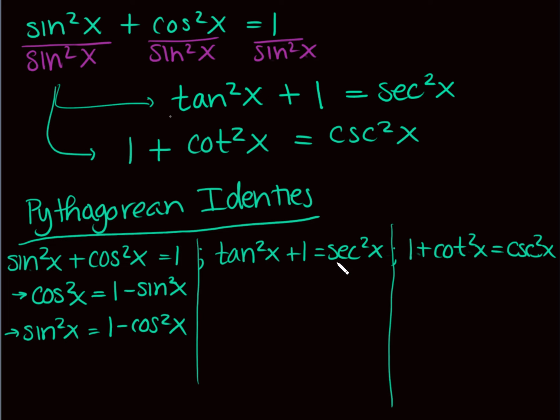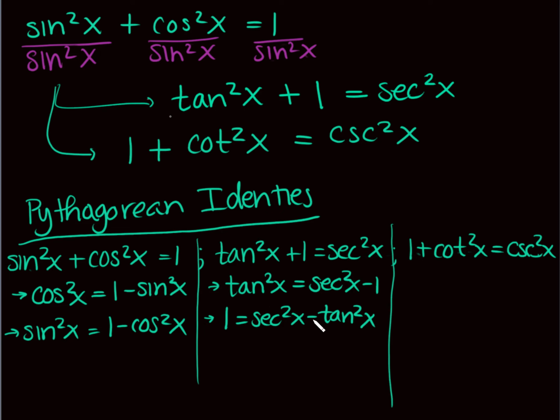Also over here, I could do the same thing with tangent. What if I subtracted that 1? So a result of this would be that tangent squared of x equals secant squared of x minus 1. Or another one that I think is kind of funny is what if I get 1 by itself? 1 equals secant squared minus tangent squared. These are all results of having this identity.